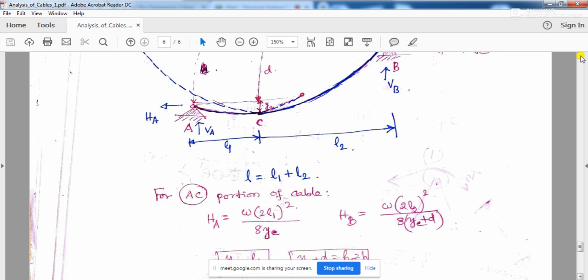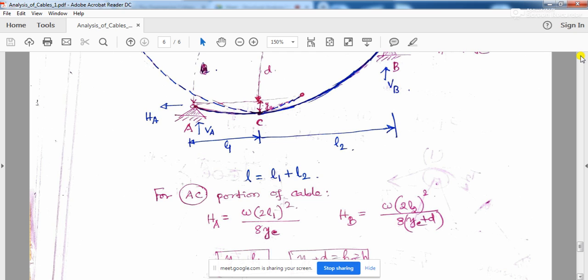Then we will be moving to indeterminate structure analysis. That means the analysis of a propped cantilever, analysis of fixed beam, analysis of continuous beam using different methods. So we will be understanding the force method as well as the three moment equation. That is another part of your structural analysis discussion.